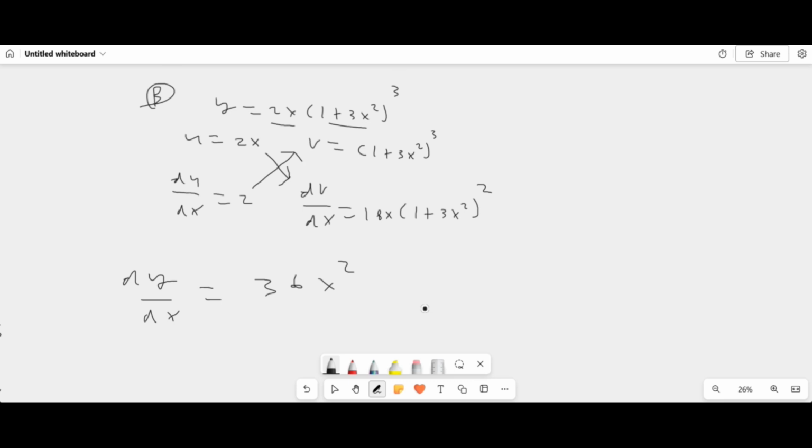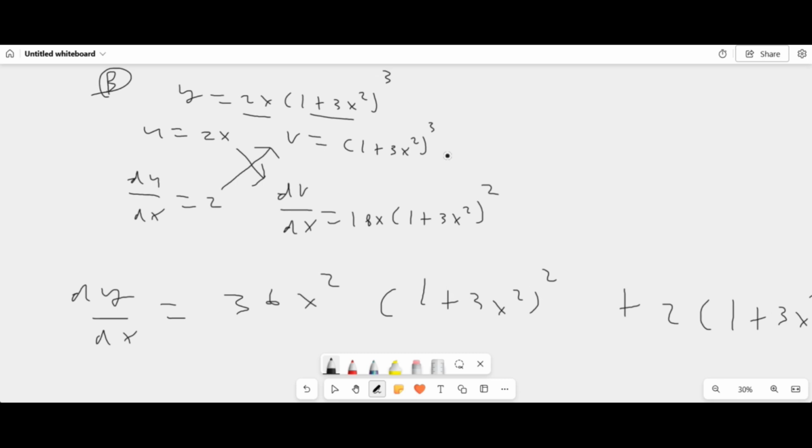And then here we're going to have open bracket 1 plus 3x squared, and then plus 2 times that, which is 2 open bracket 1 plus 3x squared, power of 3.